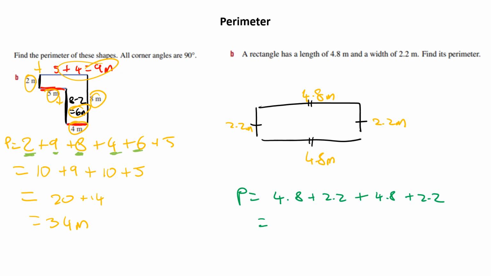So 4.8 and 2.2 would be 7. And so if that's 7, that means that is 7. So plus 7, that's going to equal 14 meters. Okay, that is how you do some of these perimeter questions.